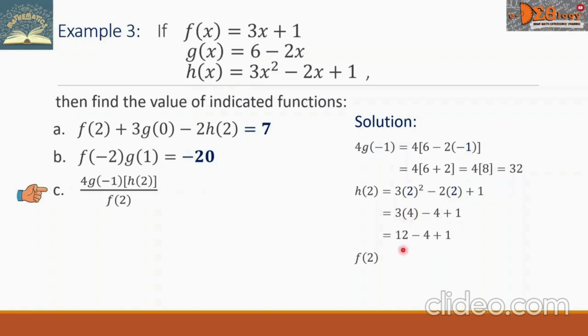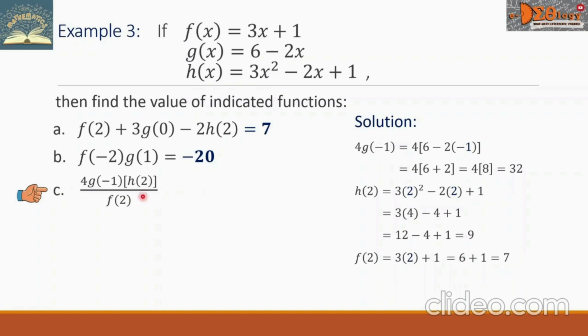This 3 times 4 is 12 minus 4 plus 1 equals 9. Now f of 2. Our f of x is here. Therefore, f of 2 becomes 3 times 2 plus 1. 3 times 2 is 6 plus 1 equals 7.